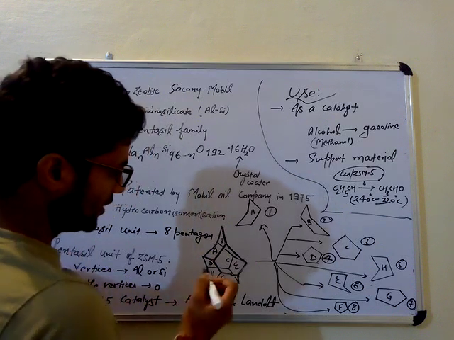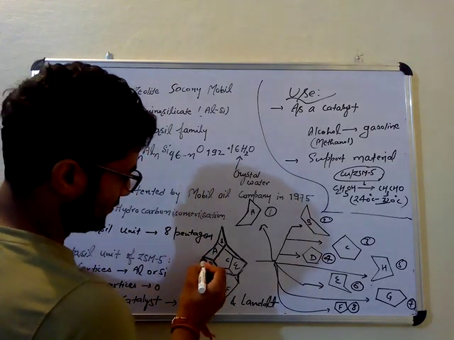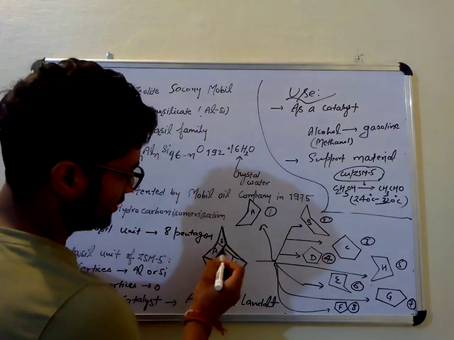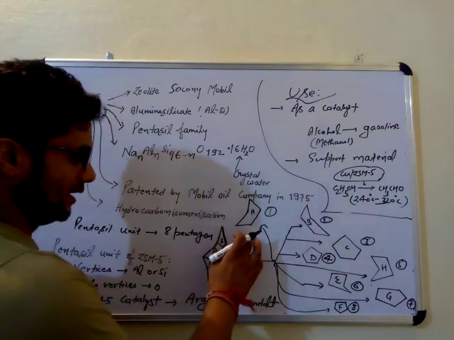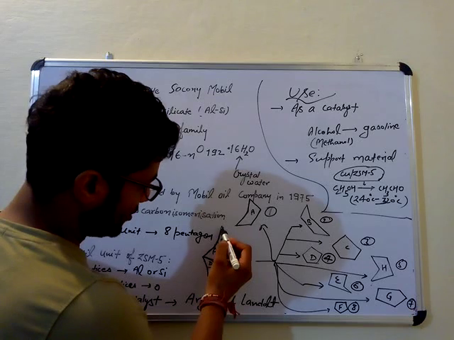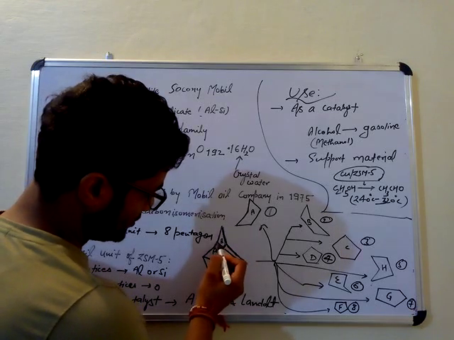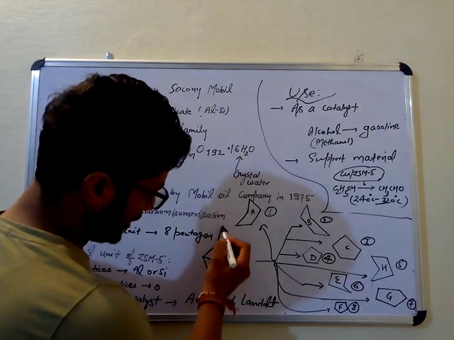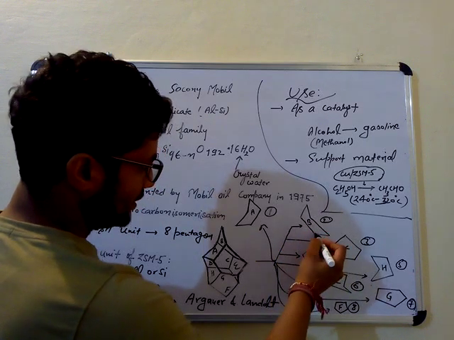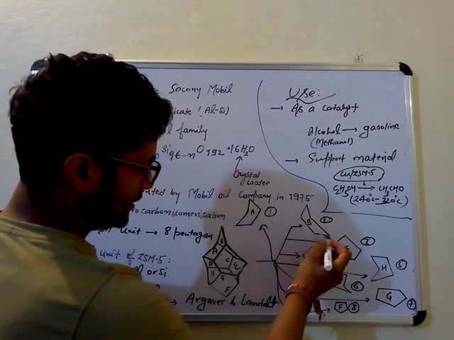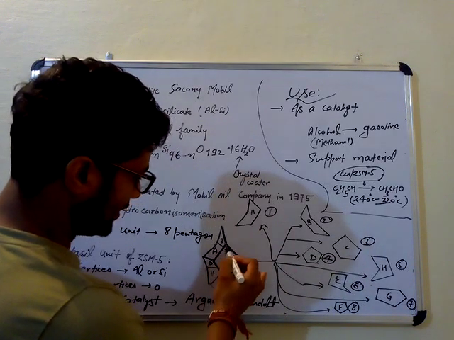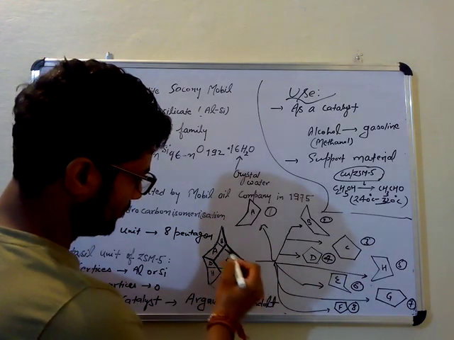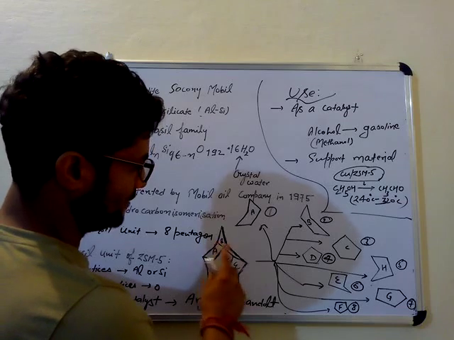You can count all the sides of pentagon A: 1, 2, 3, 4 and 5. And you can see pentagon B: 1, 2, 3, 4 and 5. There is a third one, C, this front pentagon: 1, 2, 3, 4, 5, having 5 sides.